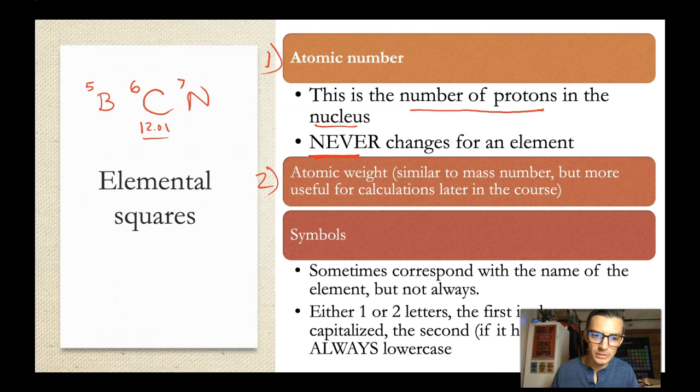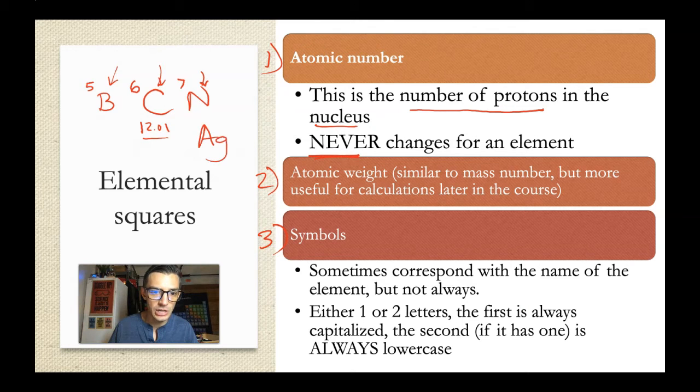And then the symbols, this is the letters here. So you notice these letters are just single, it's B, C, and N, just single letters. Silver is Ag, but I would not write AG. That's incorrect.